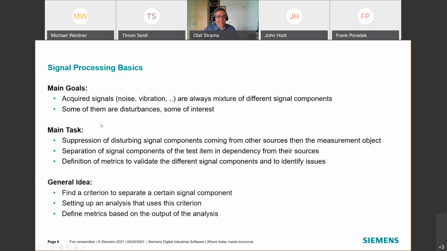The general idea is to find the criterion to separate signal components. Since we do not have any extra information about the signals, we only have our ear.